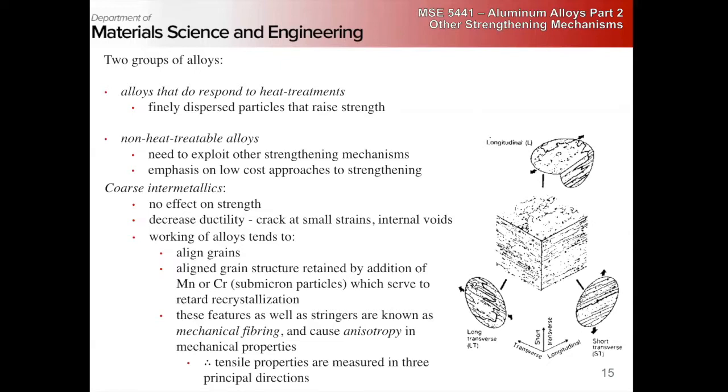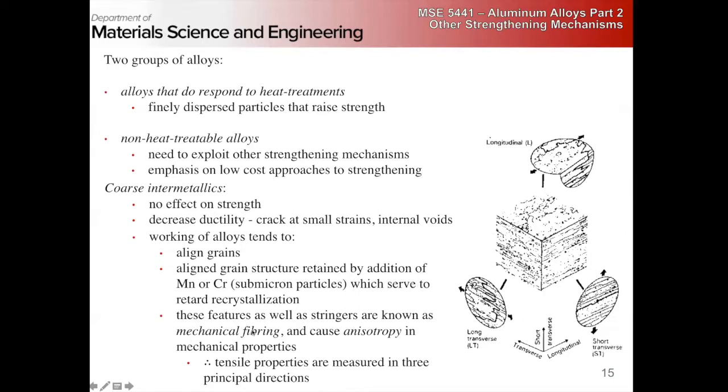Then when you roll them, they become long ellipsoids, right? And that's really where these stringers develop. The stringer distance is like your grain width in your as-rolled state. So you're looking at parallel layers of grain boundaries, right? So these tend to be very directional.